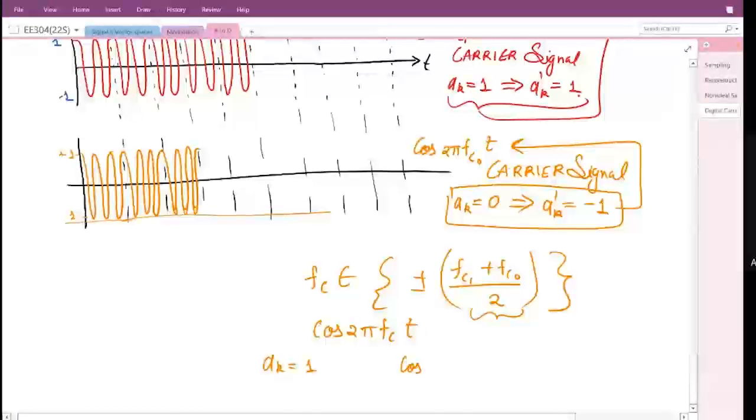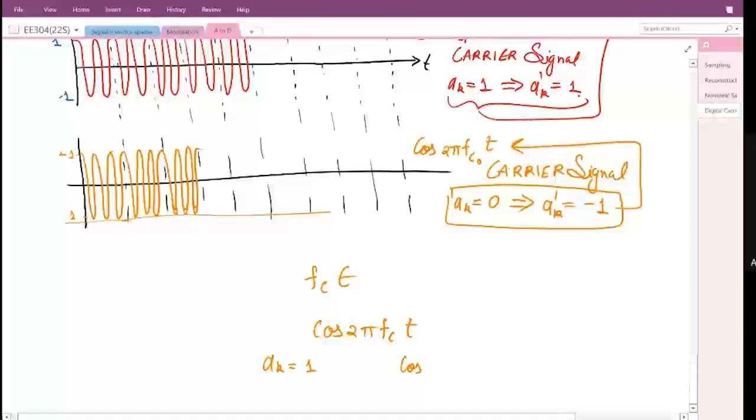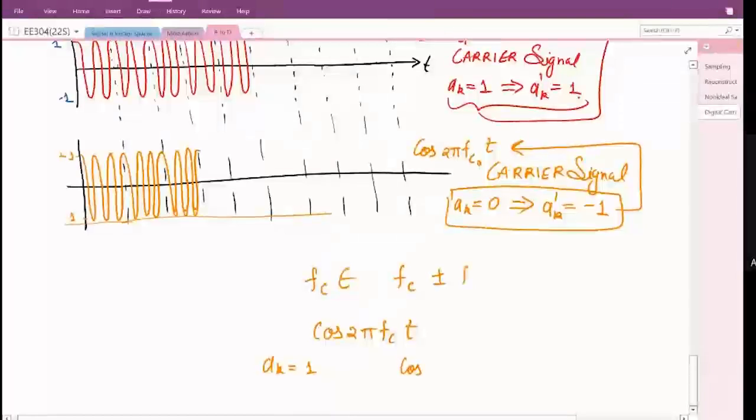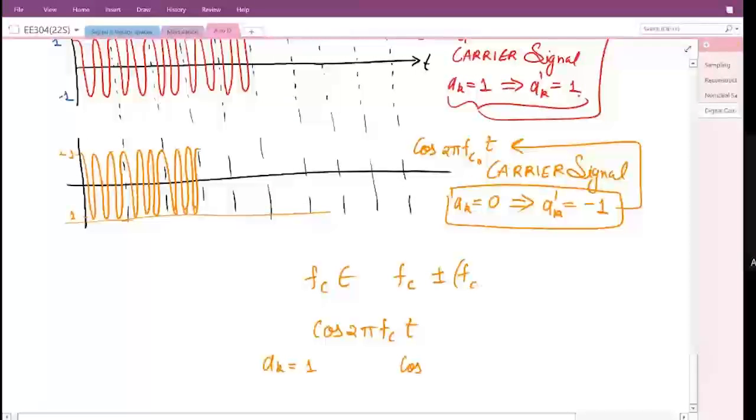So FC is this plus this by 2, FC plus minus this thing. There is no need of 2. Let me just rewrite it again. FC belongs to FC plus minus. It should be either FC plus.